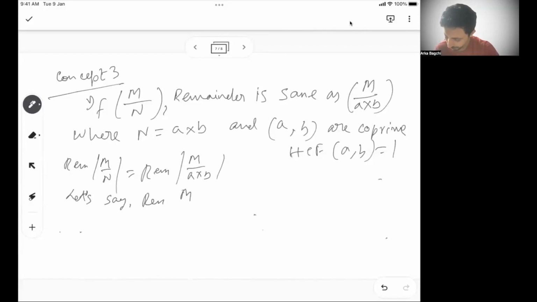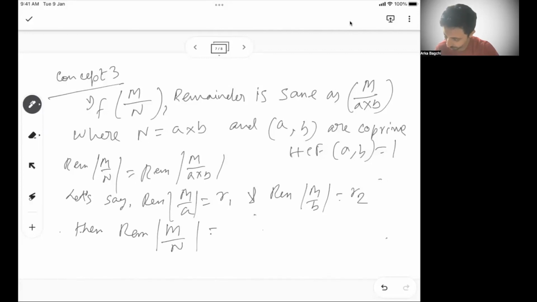Remainder of m by a is r1, and remainder of m by b is equal to r2. Then remainder of m by n is equal to ax r2 plus by r1, where ax plus by has to be equal to 1.